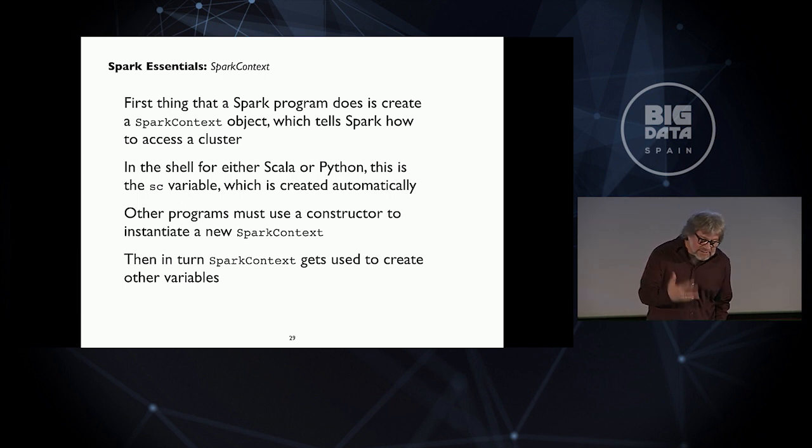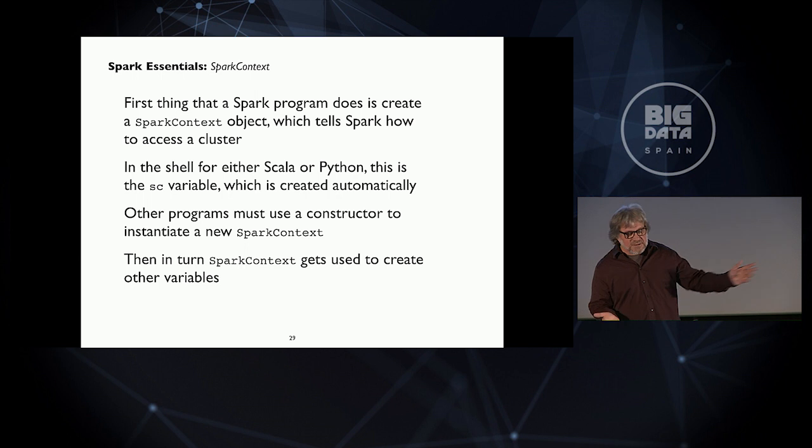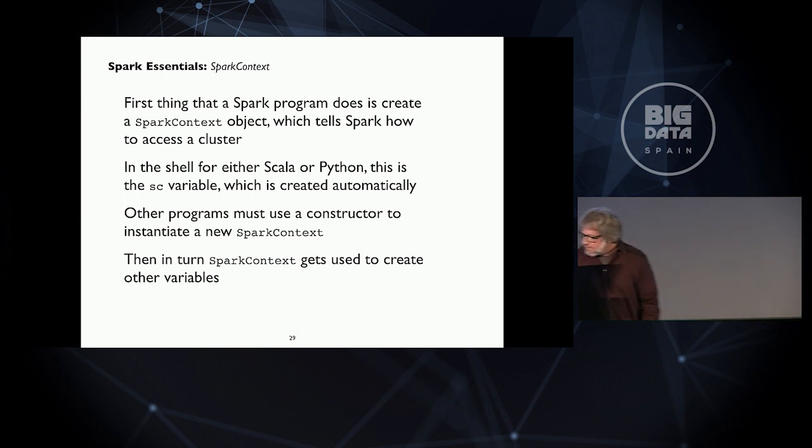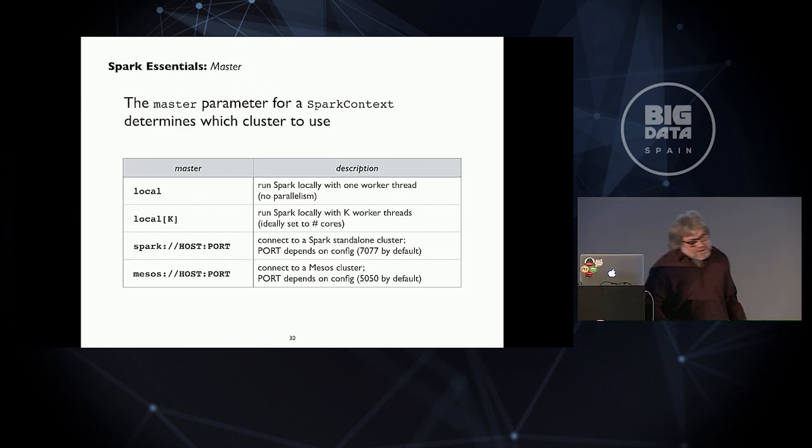If you write a standalone app to run Spark, one of the first things you'll do is to create a Spark context variable. If you start working in Spark SQL, then you've got a wrapper on this, and now you've got a SQL context. Streaming has a streaming context, et cetera. But they've got this Spark context at the base. Inside the Spark context, you've got some different parameters.